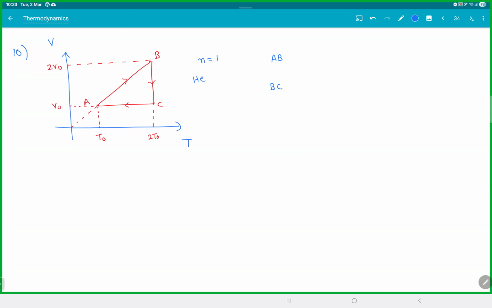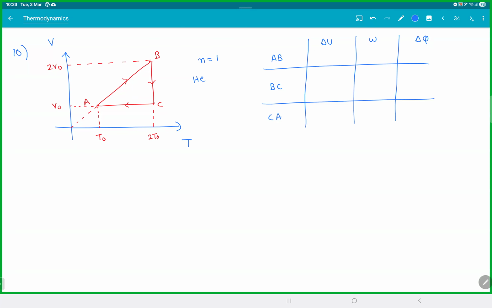AB, BC, CA, delta U, work done, delta Q. Fill up the table, find the efficiency. The exact same question, I just changed the graph. Try. Everyone should give it a try.